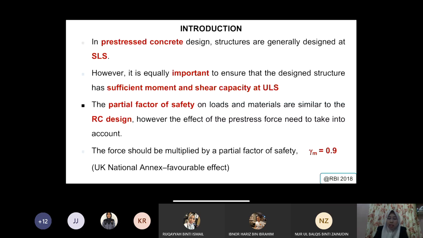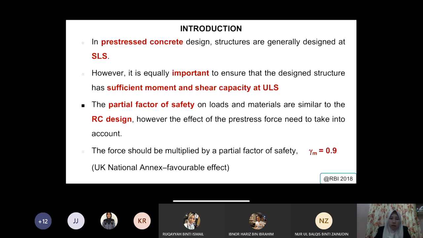So you don't design based on ultimate limit state, but you have to make sure that your design structure is sufficient against moment and shear at ultimate limit state.